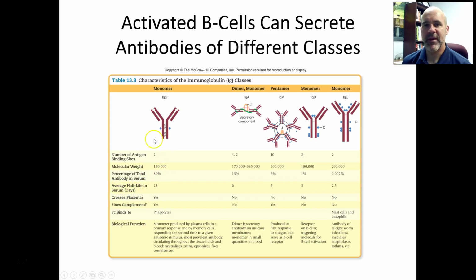Half-life in serum. So antibodies don't last forever. Once a plasma cell starts secreting IgG antibodies, an individual molecule on average is going to remain in your serum and stay functional for about 23 days.